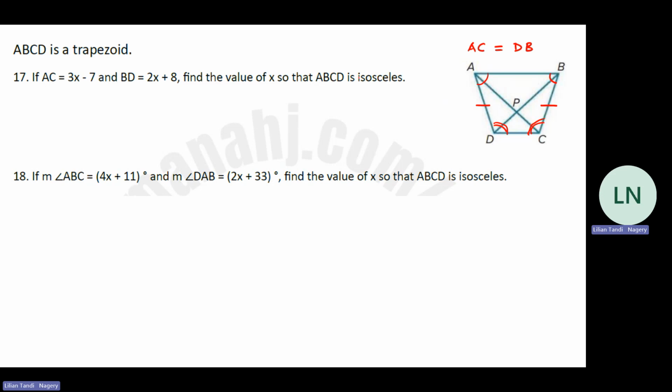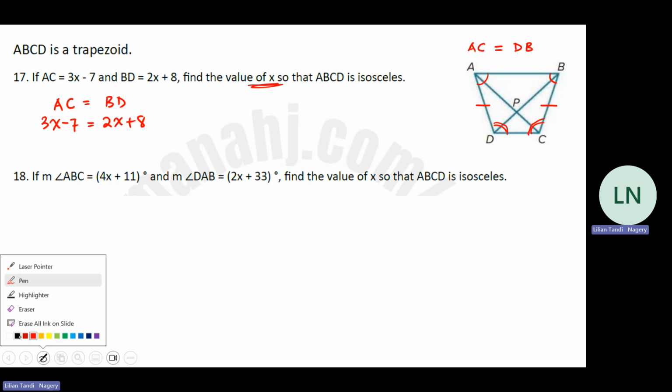Okay, so we want to find AC, we want to find X. How will we find X? We know that AC is equal to BD. So 3x minus 7 is equal to 2x plus 8. So we solve this.